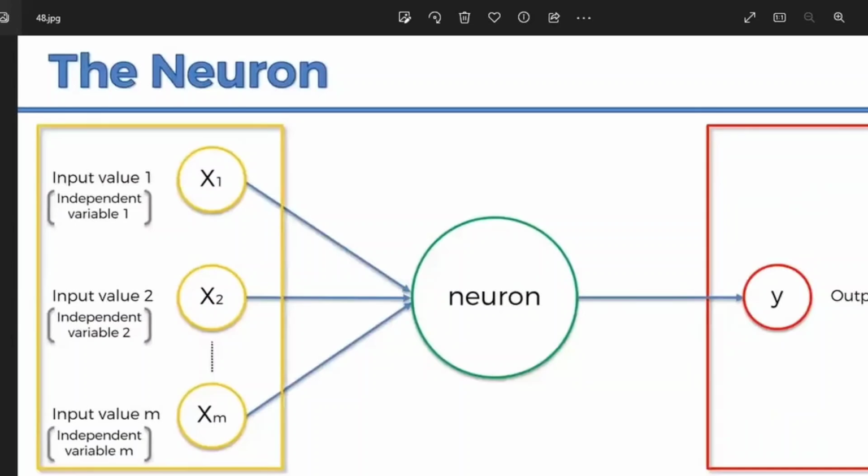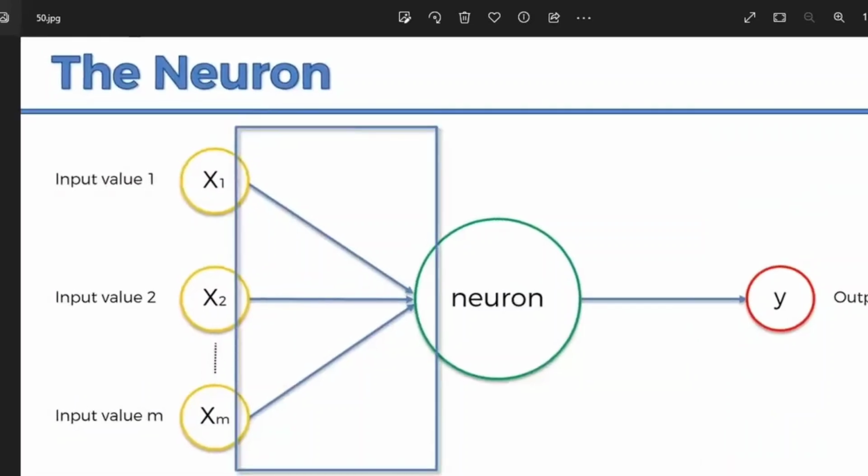Now, what is it going to do? It is going to process the information. The next heading is process. Okay, now what is it going to process?